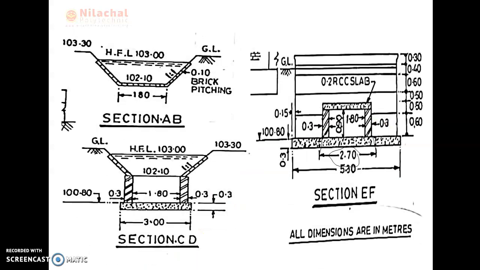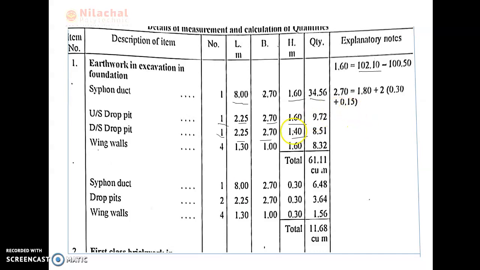So the height is 1.60 for the upstream side and 1.40 for the downstream side. The total quantity of the upstream side drop it is 1 into 2.25 into 2.70 into 1.60, which is equal to 9.72. For the downstream side drop it, 1 into 2.25 into 2.70 into 1.40 is equal to 8.55.